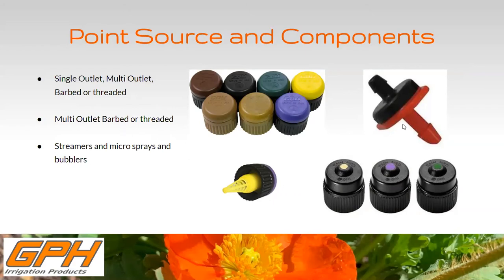There are single outlet types. This is a 1/4 inch by 1/4 barb. And then there are also types where you have the 1/4 by diffuser cap, no barb on the type. Here's a different type of threaded emitter. Some have screens, some have check valves built in here, some have the check valves built in here. And there are also streamers and micro sprays.